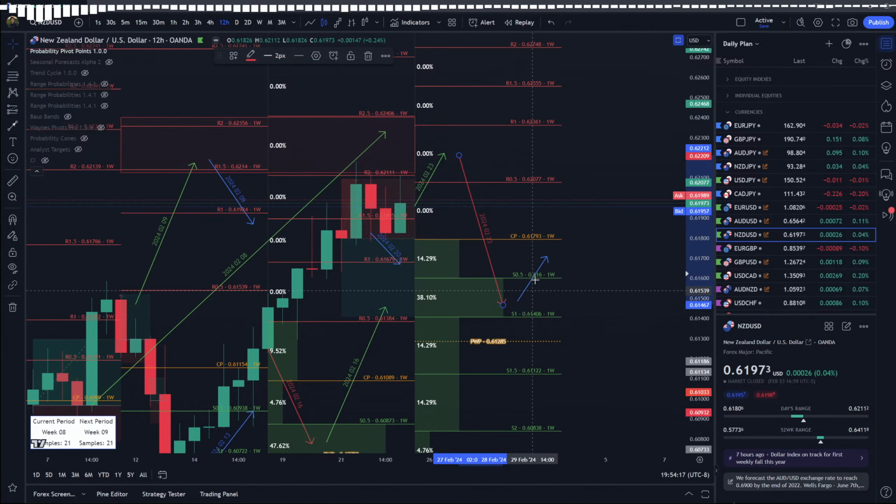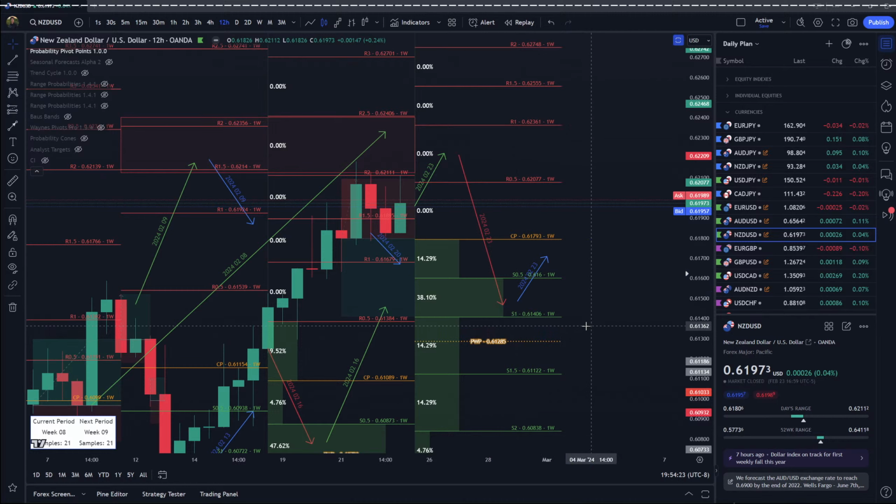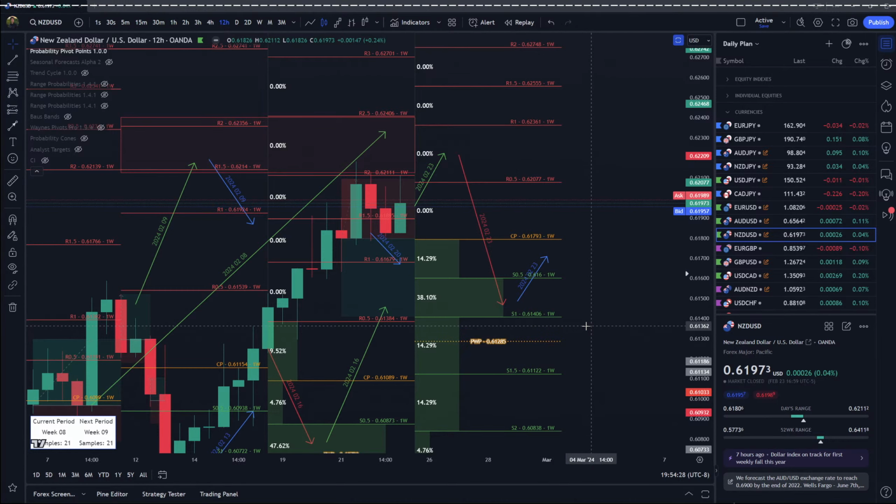I don't think all these US dollar pairs are going to be moving next week. So you probably have to really understand exactly what the risks are around the country that you're trading, so Australia or New Zealand or the UK.